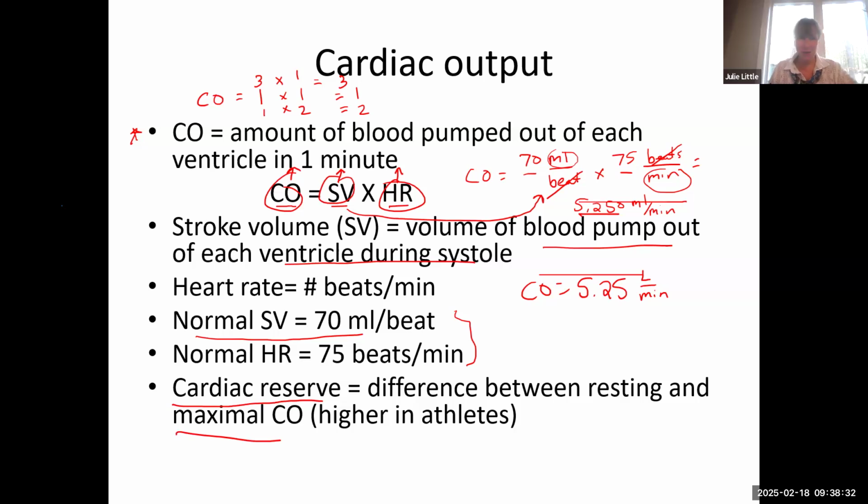If I decided to go outside and run as fast as I could down the road for as long as I could, I would definitely reach my maximal cardiac output, and it would not be that of an athlete. My cardiac reserve would not be that of an athlete because I'm not athletic anymore. But athletes have a higher cardiac reserve. The difference between their resting cardiac output and their maximal cardiac output is much higher. And that's a good sign of a healthy heart.